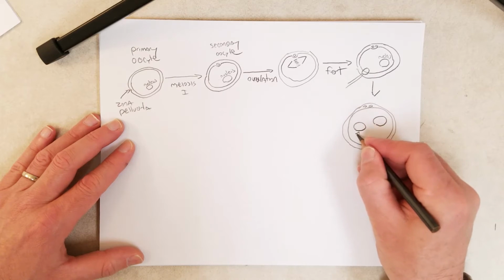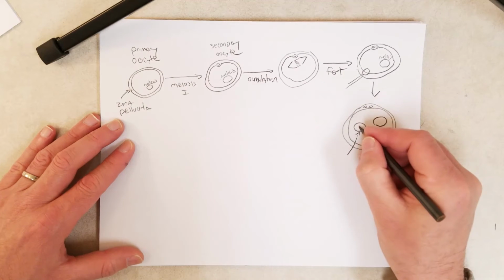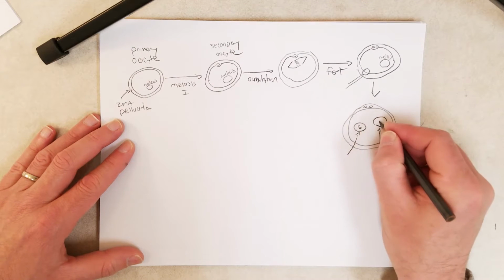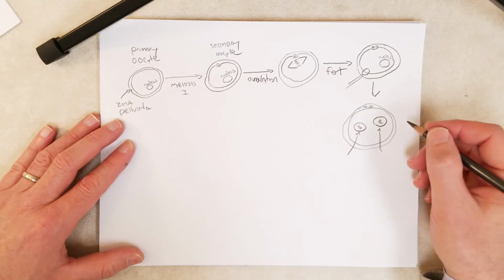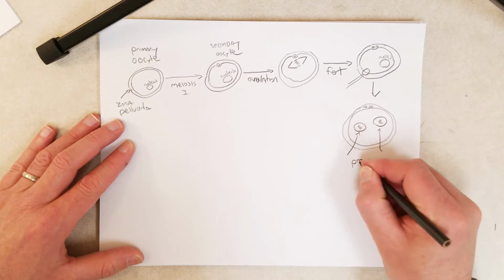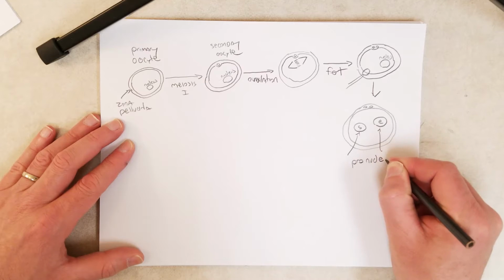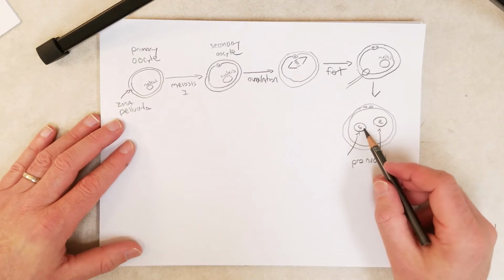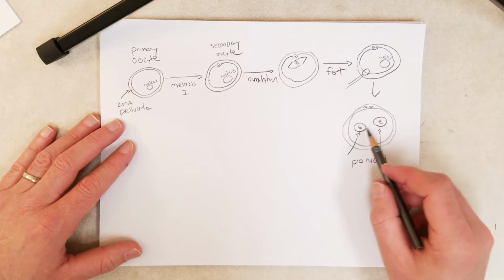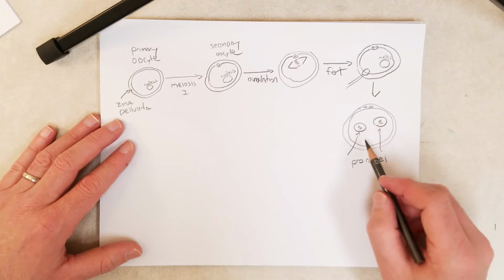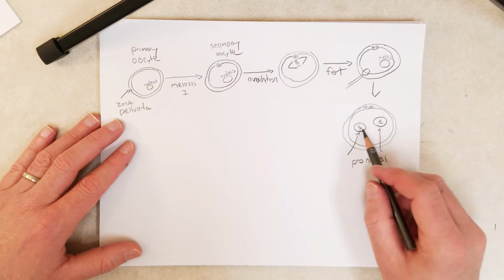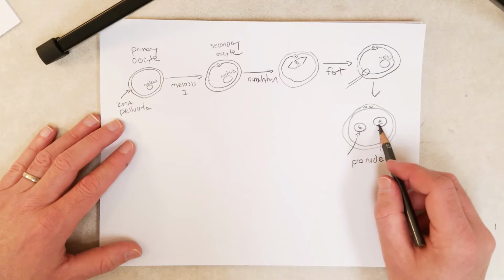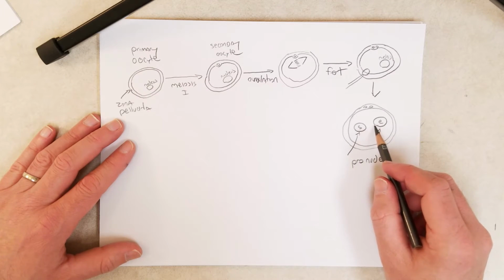And I'll call this, let's say, the sperm nucleus, E for egg nucleus. These are pronuclei. So they exist as membrane-bound pronuclei before the chromosomes from the paternal parent and the maternal parent are mixed together.